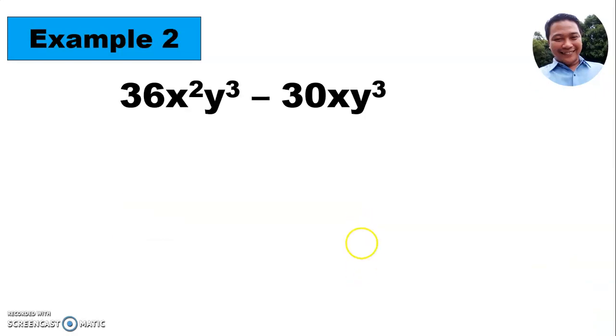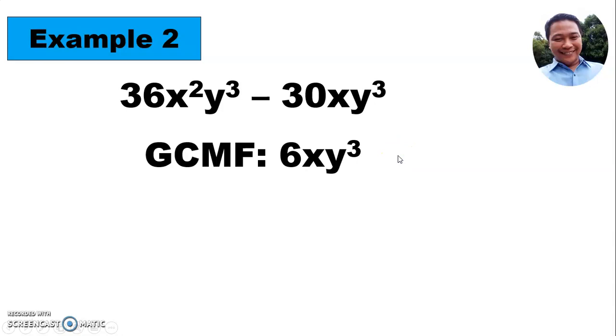36x squared y cubed minus 30xy cubed. What is the greatest common monomial factor? Very good. It's 6xy cubed. So we're going to factor out the greatest common monomial factor, and then we divide each term by the GCMF. 36x squared y cubed divided by 6xy cubed is equal to 6x.